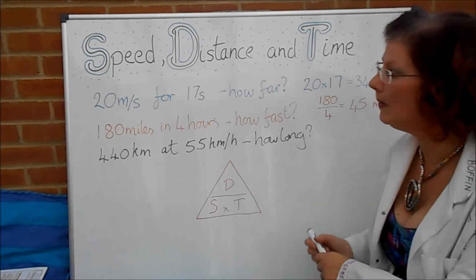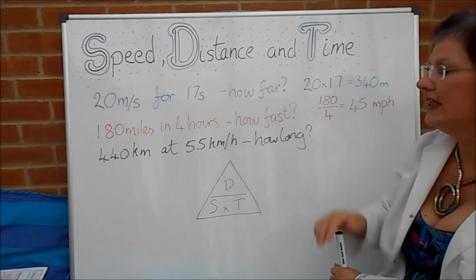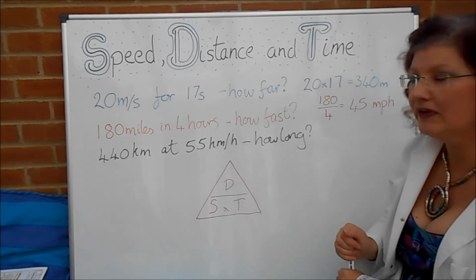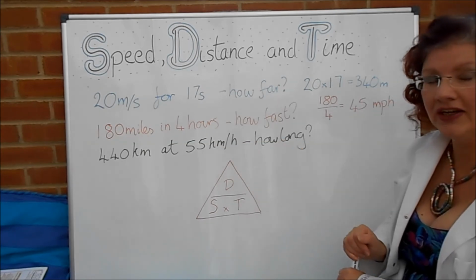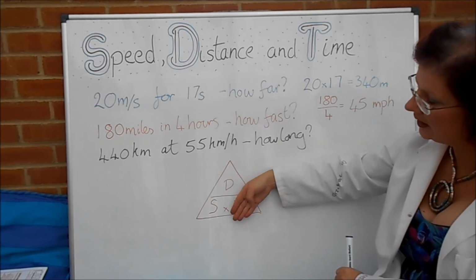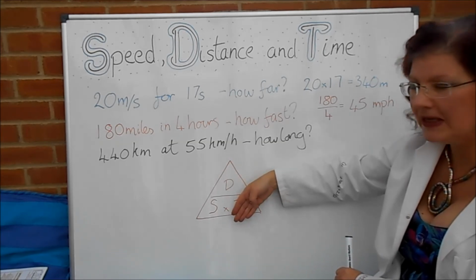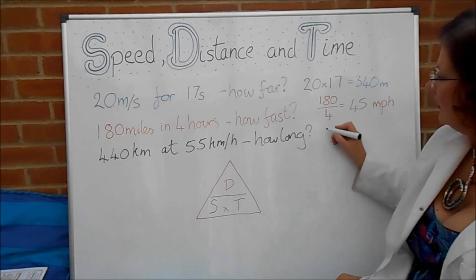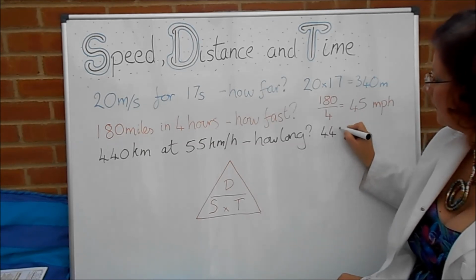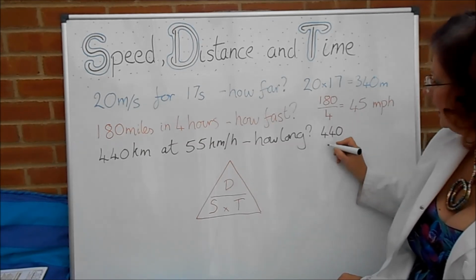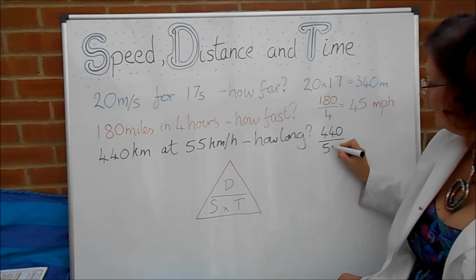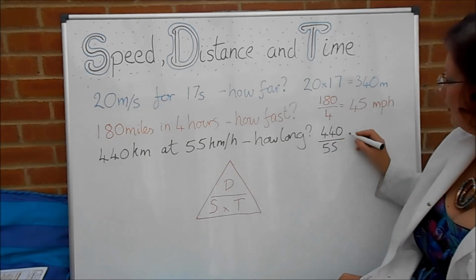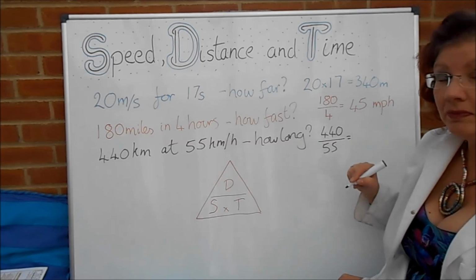And finally the black one, we've got 440 kilometres and you're travelling at 55 kilometres per hour. How long does it take you? We need a time. Time is distance divided by speed. So distance, that's 440, divided by the speed, which is 55. Okay, a little bit of cancelling down there. That all cancels by 11s.